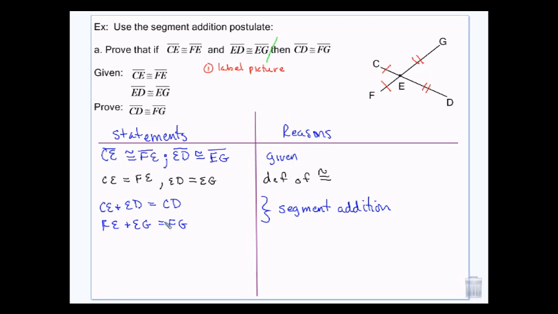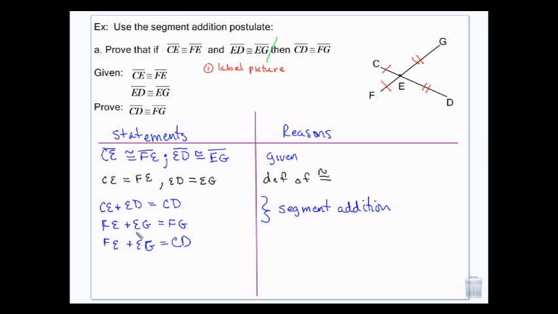Now if I have two little pieces that add up to a big piece, and then I have two more little pieces that add up to a big piece, and the two little pieces were the same, can't I say that CE is the same as FE, so I could take FE, and ED is the same as EG, so I could do EG, and won't it also equal CD?